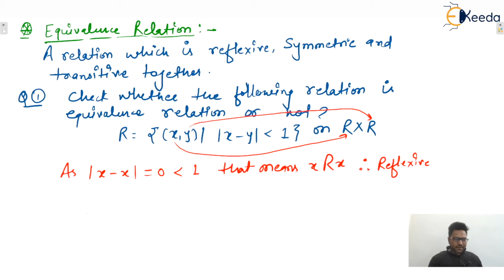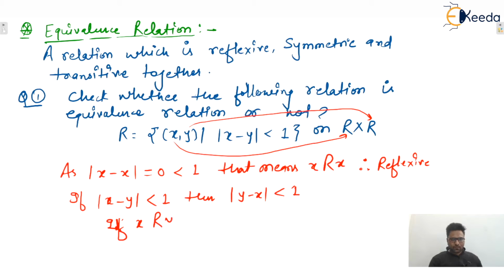Next, if |x − y| < 1, then guaranteed |y − x| will also be less than 1, isn't it? That means if x is related to y, then y will also be related to x. That's why this one is symmetric as well.